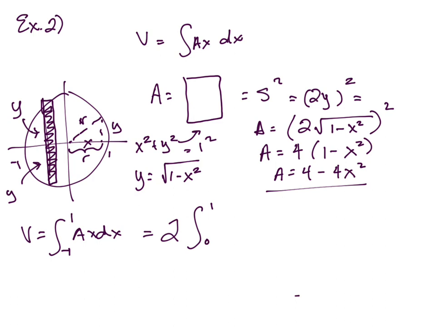It's symmetric. Circles are symmetric. So we can go 2 times the integral from 0 to 1 of 4 minus 4x squared dx. No, it's not hard. It's just getting to this point that makes us tearful.